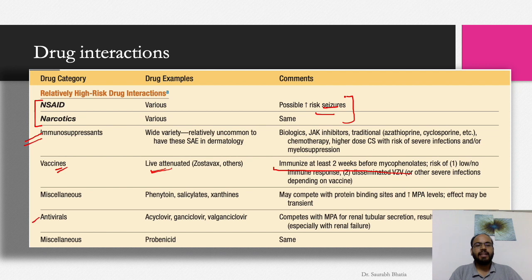Other important ones are antivirals, which compete with mycophenolic acid for renal excretion, and because of that, the mycophenolic acid levels increase, leading to toxicity. Azathioprine, when combined with MMF, can lead to more severe immunosuppression. So you have to be a bit more careful while using these two agents together.